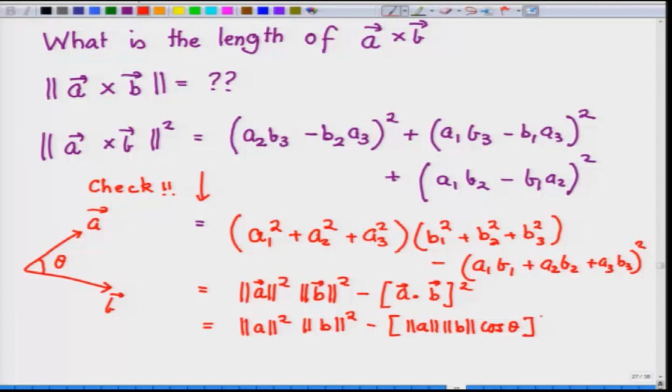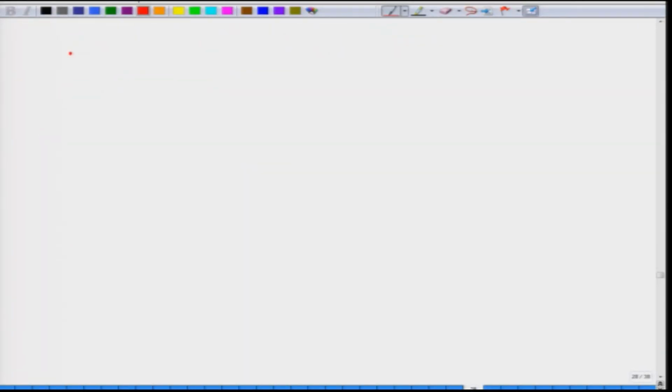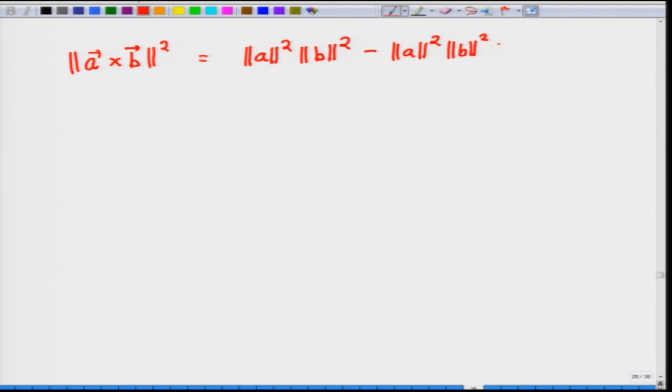So norm of A cross B whole square is norm A square into norm B square, minus norm A square into norm B square cosine square of theta.